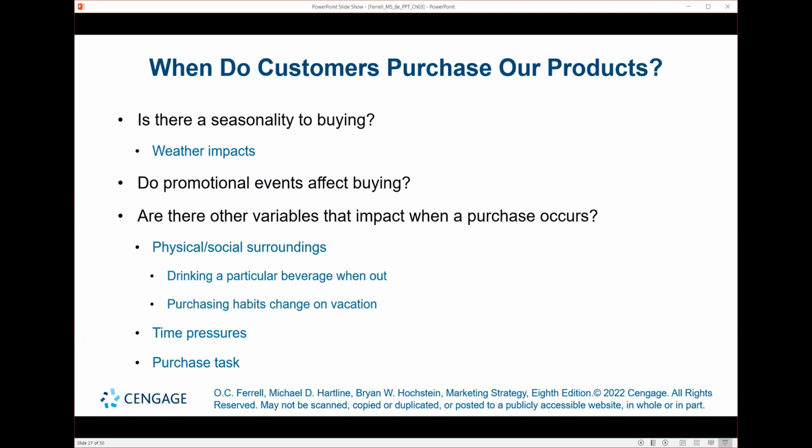Especially physical and social surroundings, when you're drinking an adult beverage, or purchasing habits during vacations, where the money pressures are less important. Time pressure can be demanding as well. The pressure to get something done in a certain amount of time pushes the concept where money is no object, and that can definitely affect demand.